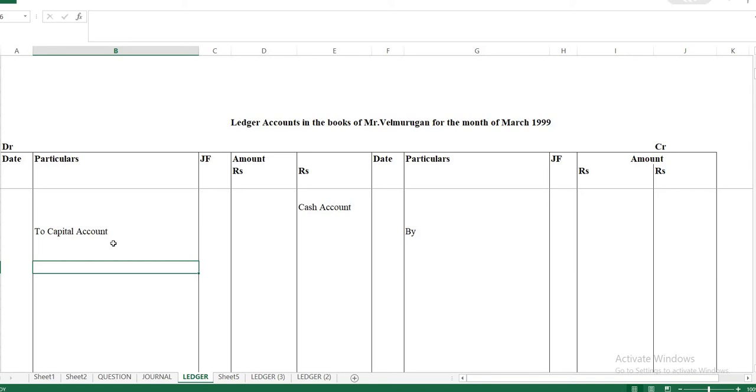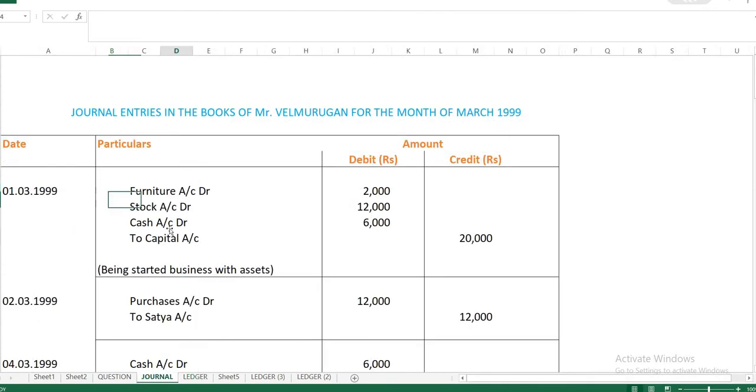You will not be using 'to capital', furniture to capital, stock to capital; like this we cannot use. Instead of that, we will be using 'to balance brought down'.